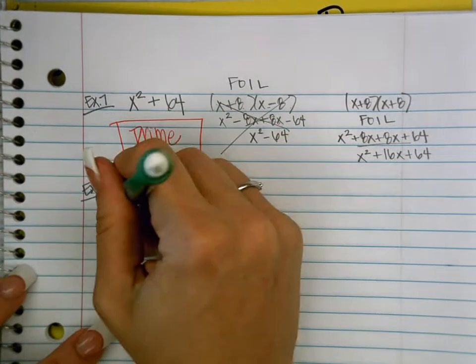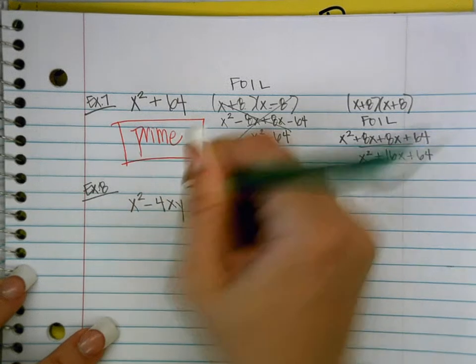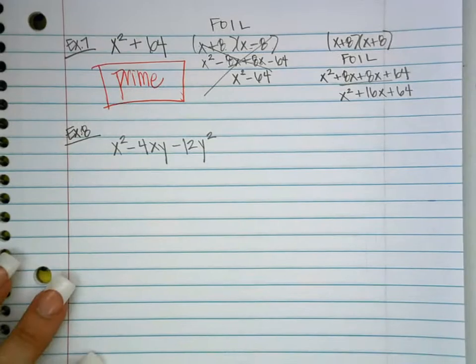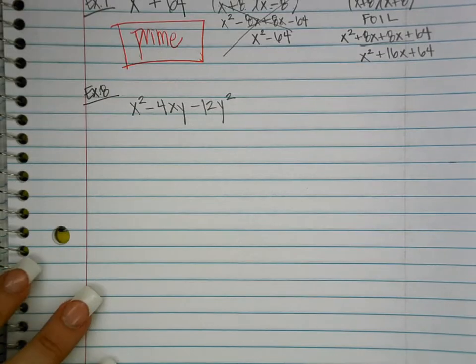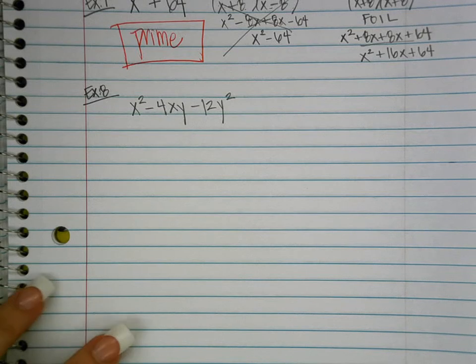Number 8, x squared minus 4xy minus 12y squared. Now, does this have a GCF?